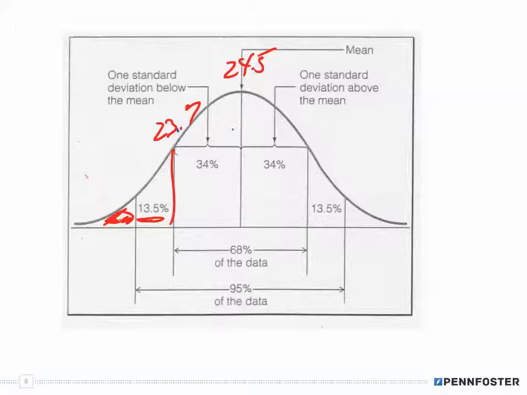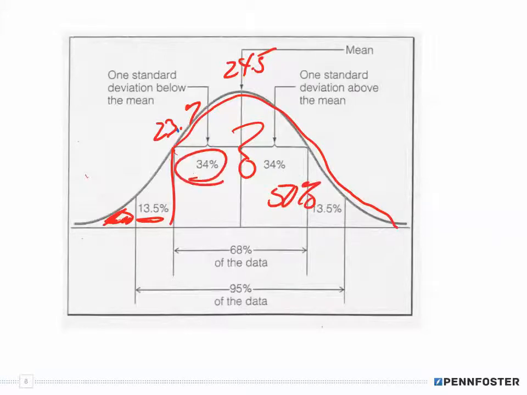Well, if we know how much this area is, all under here, and we find that out because remember, this is 50% and this is 34%, so 50 plus 34 is 84%. So that's 84% above the 23.7.